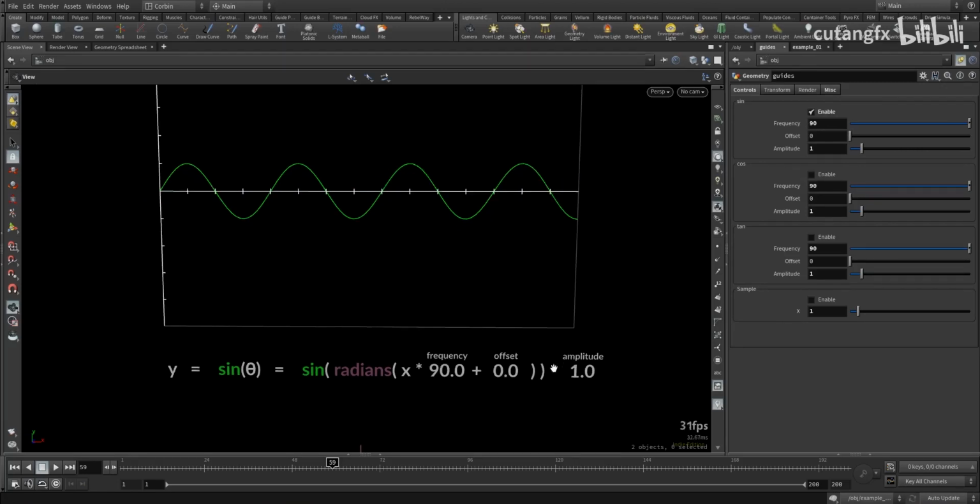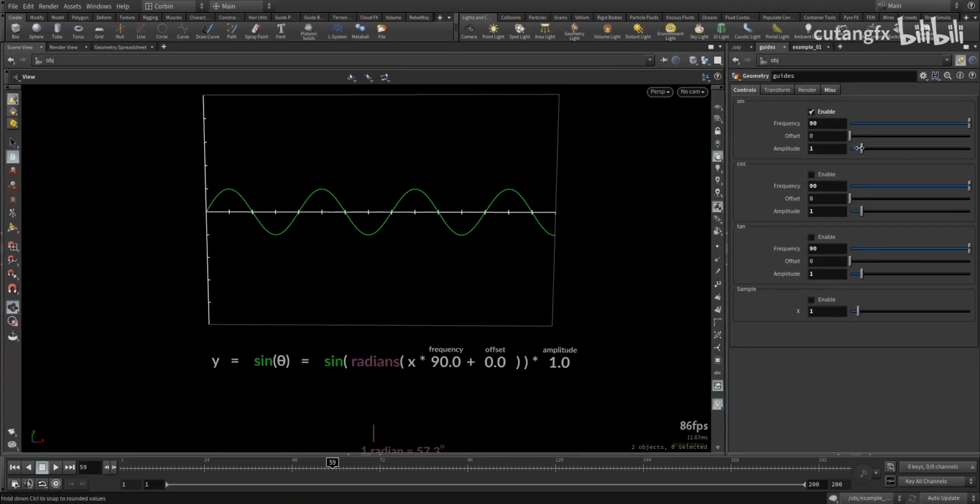And then you see that amplitude is a multiplier after the whole sine function. That's because the amplitude shouldn't alter the angle of the sine function at all. It should just take the ultimate result, which goes from -1 to 1, and change those numbers to be -2 to 2.